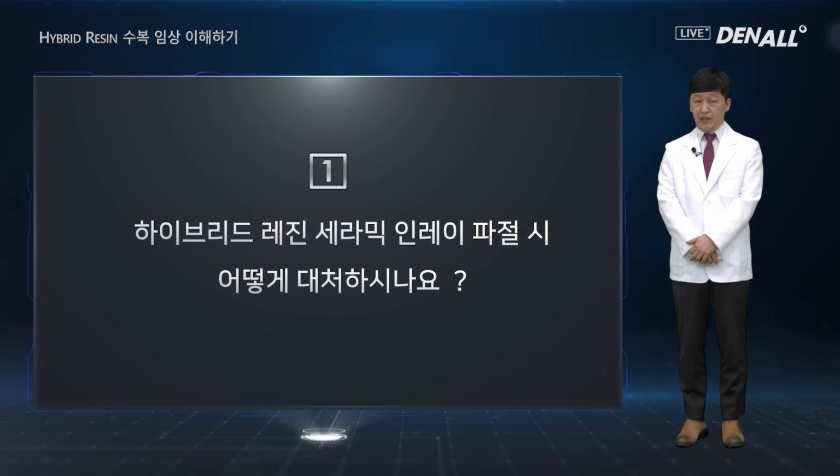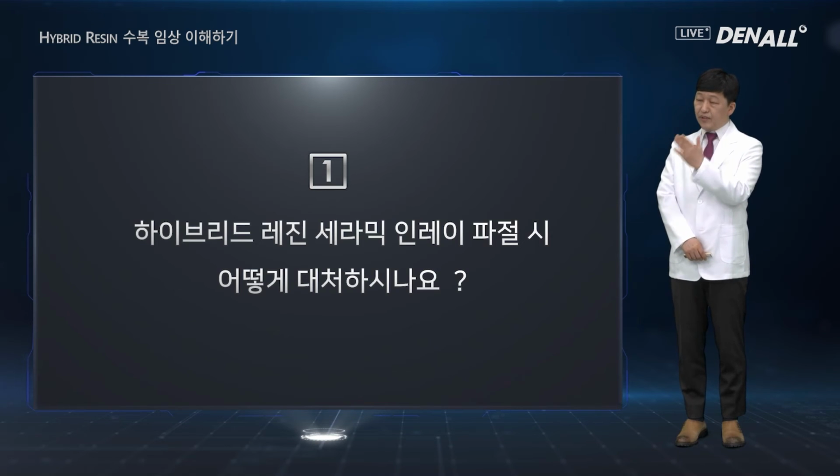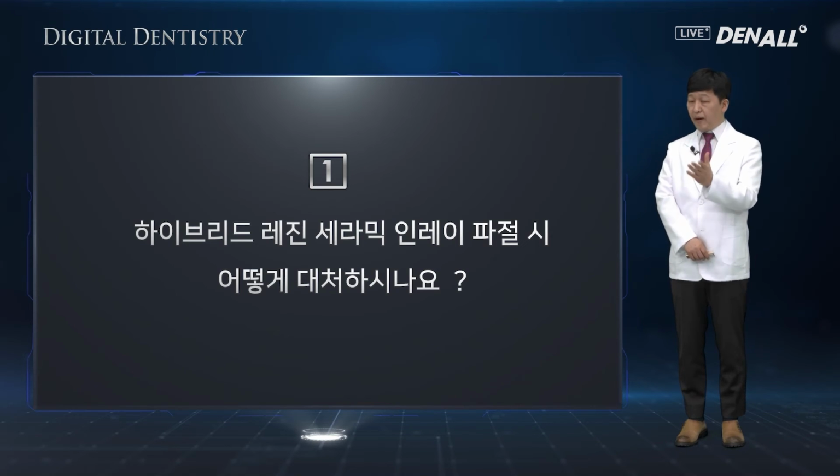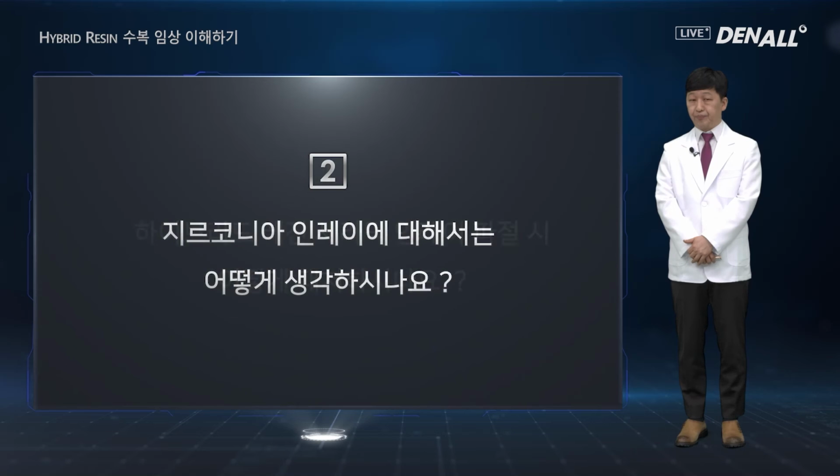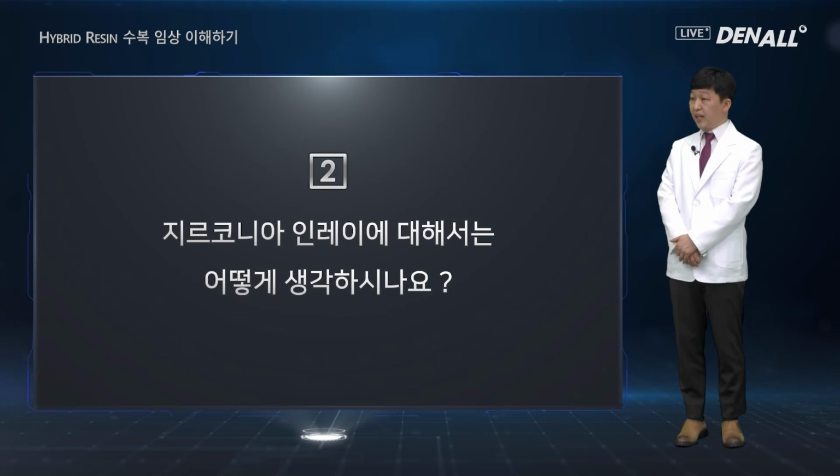What is in common is that it occurs when the occlusal force is very strong or if the patient likes tougher food. If you experience fracture and you provide the exact same restoration once again, then it could cause the same issues, and therefore you should not provide an inlay restoration. And I believe providing a crown is a better option.